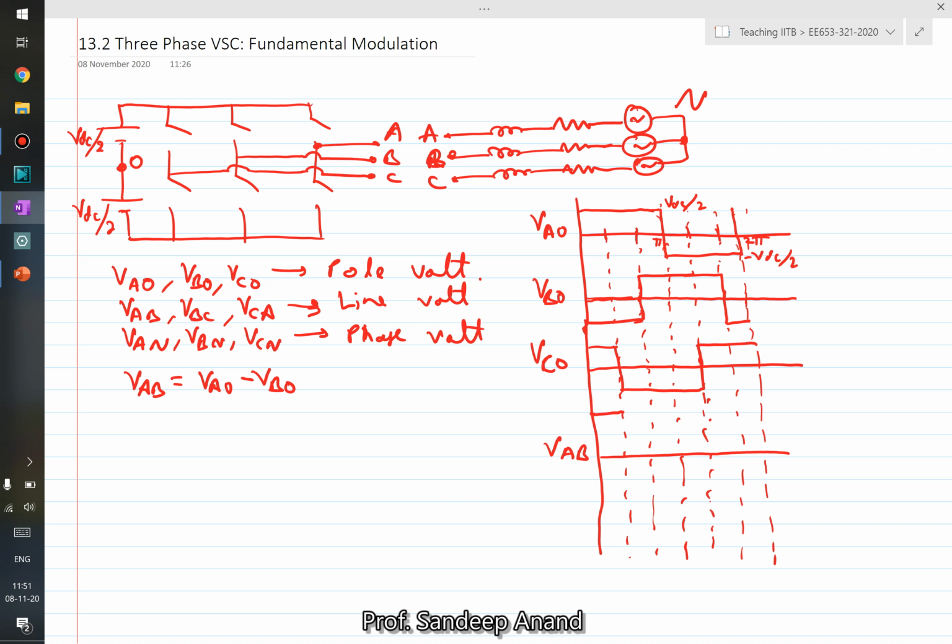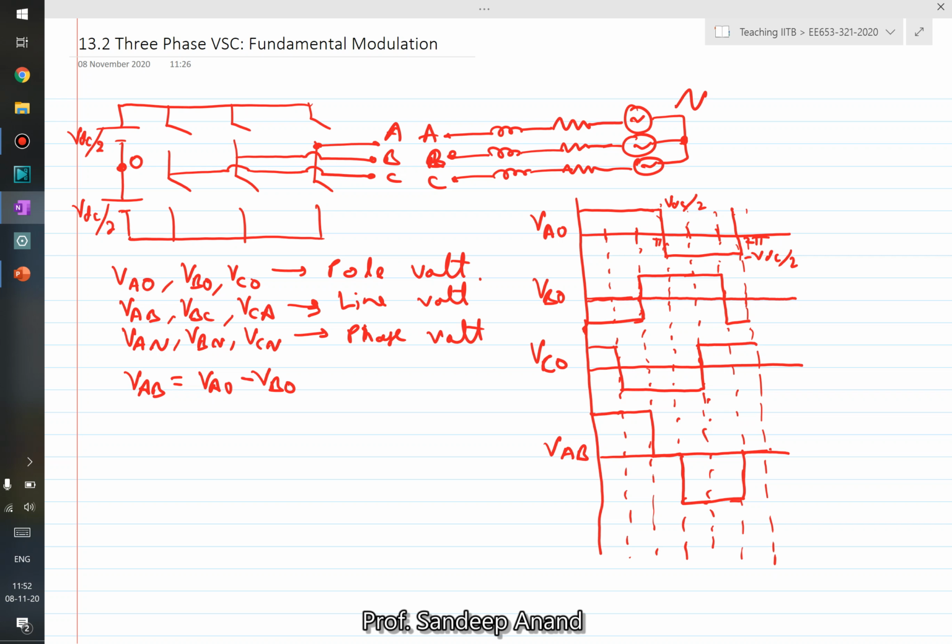VAO minus VBO, again minus minus plus. VAO minus VBO to be 0. Then minus, another minus, and then another 0. This is how your line voltage VAB is going to look like. Similarly, you can draw VBC and VCA also.